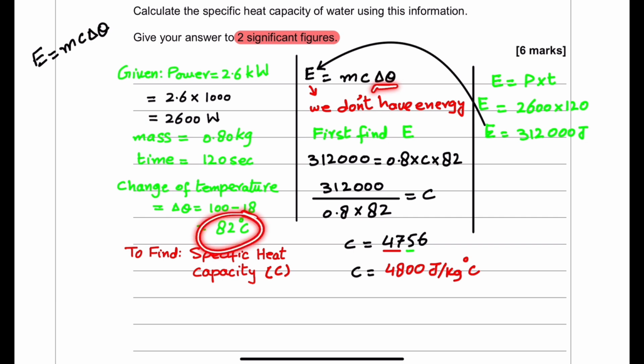We already found it here, and we will rearrange the equation to find the value of C. We will use this energy value here, whereas 0.8 and 82 will move to the other side of the equation, and we can get the value of C by rearranging the equation. After rearranging, our answer is 4756.